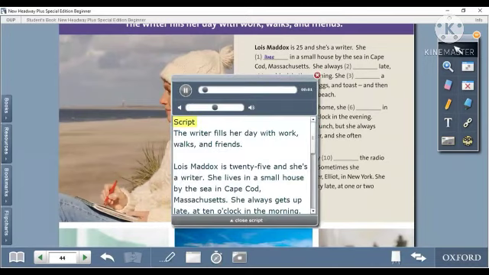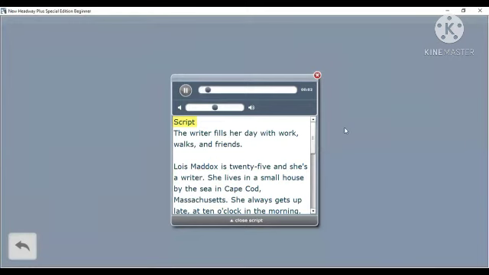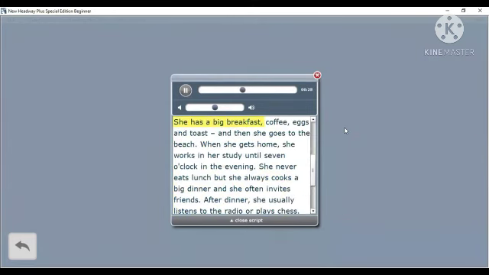Tape script 6.11. Lois's day. Lois Maddox, the writer, fills her day with work, walks, and friends. Lois Maddox is 25, and she's a writer. She lives in a small house by the sea in Cape Cod, Massachusetts. She always gets up late, at 10 o'clock in the morning. She has a big breakfast, coffee, eggs, and toast, and then she goes to the beach.